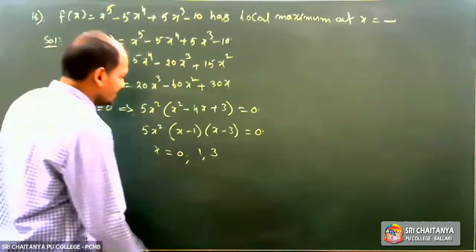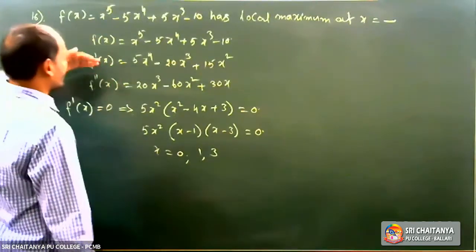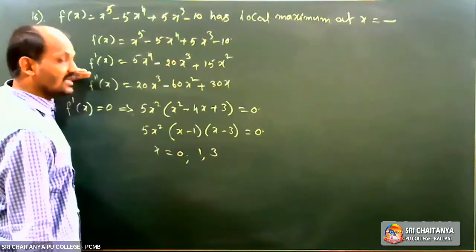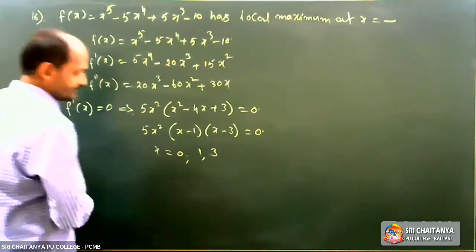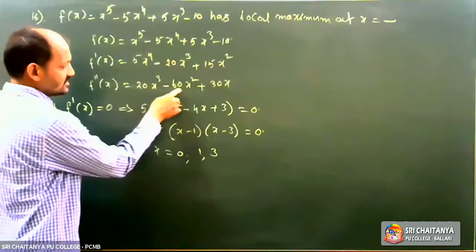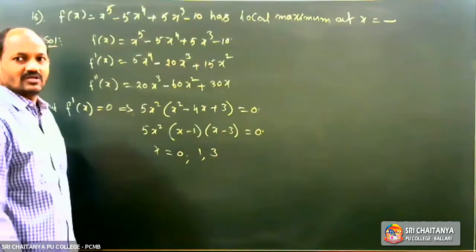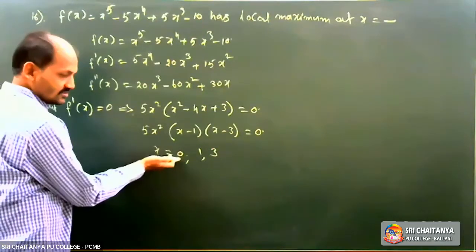Now substitute x equal to 0, 1 and 3 in the second order derivative. At which point does the function have a maximum? In case x equal to 0, it is 20 into 0, 60 into 0, 30 into 0, so it is neither maxima nor minima at x equal to 0.